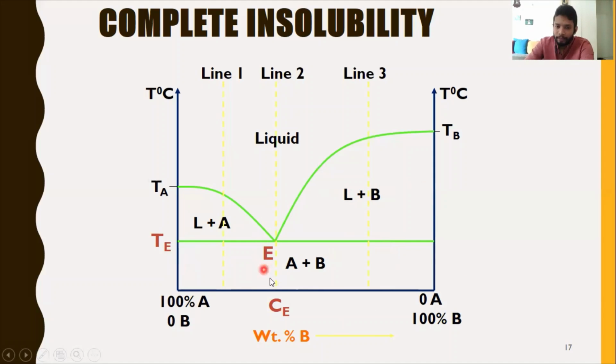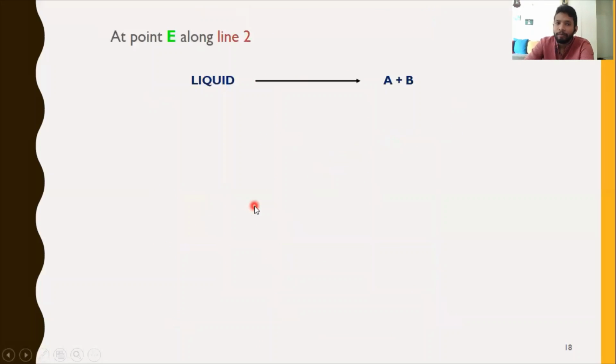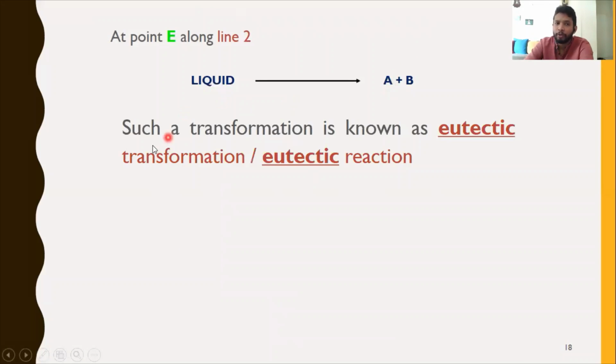Now let me explain about the point E. The name of this point E we are calling a eutectic point. Eutectic point. That is a new word for you to learn. So at the point E, along this line too, liquid becomes A and B within a very short time. Such a transformation is known as the eutectic transformation, or we call it the eutectic reaction. Right?